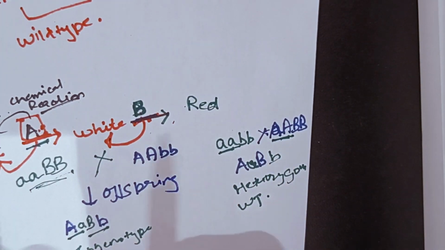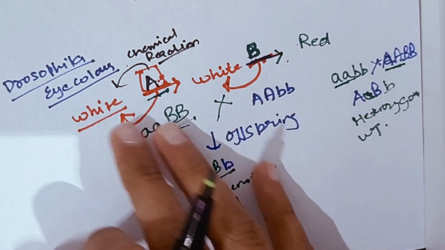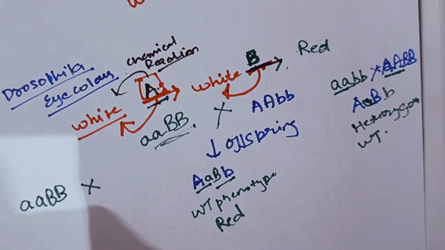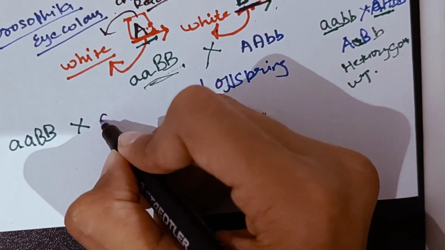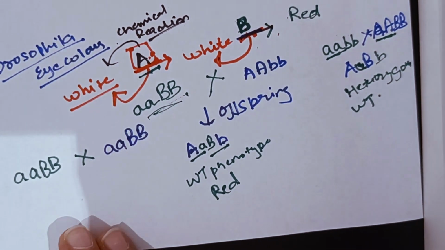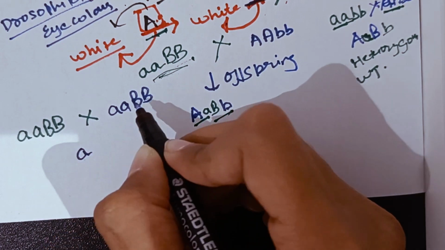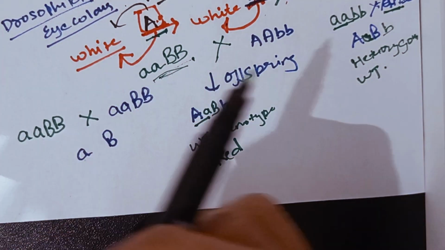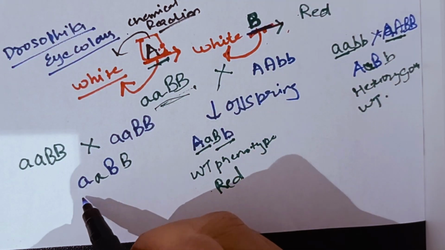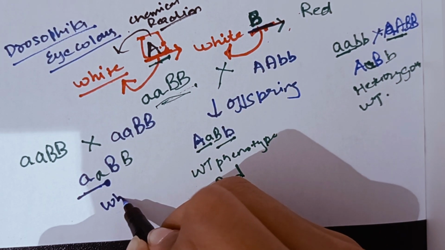Suppose there is a parent in which the mutation is in small a both times, so it's small a, capital B, and it is crossed with a parent which also has the mutation in A. The offspring that we get will be small a from here, capital B from here, small a from here, capital B from here. In this case, because A is in homozygous recessive condition, the phenotype that we get is white.